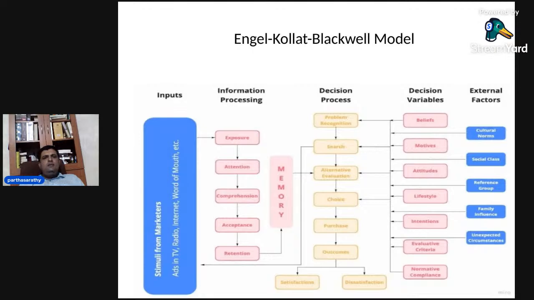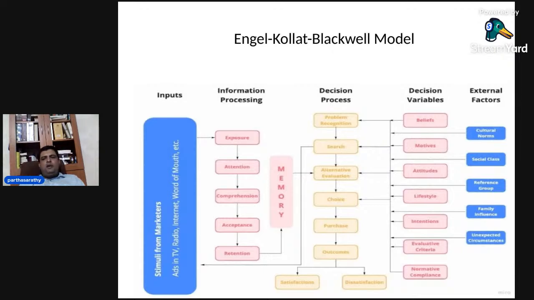Once we receive the stimulus, as I told you, stimulus is anything that elicits a behavior. Here in this case, it is the advertisement on TV, radio, or internet, something like this. Next, after receiving the stimulus, we process the information from different angles: what this might be, what that might be. Like this, we have information processing.